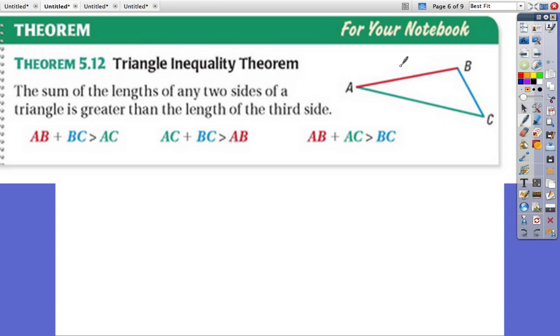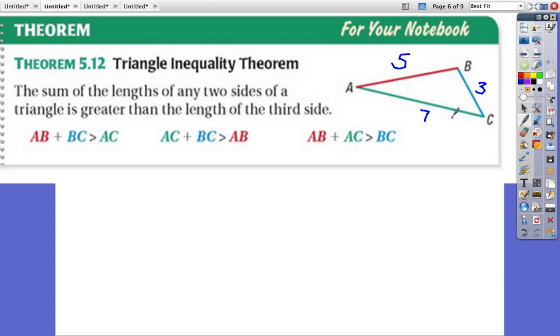So for example, if AB was 5 and BC was 3, AC would have to be less than 8 because 5 plus 3 is 8 and AB plus BC has to be greater than the third side. So this would have to be anything less than 8.